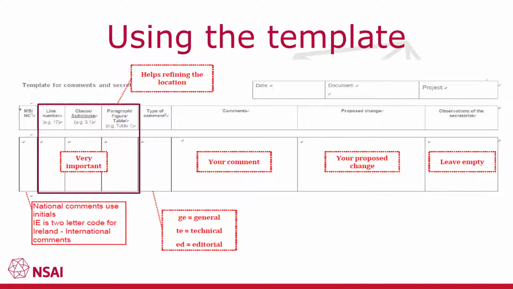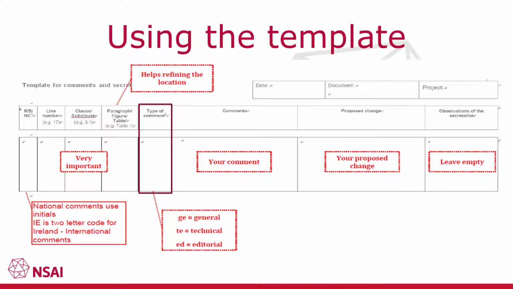These three columns are used to track and trace where exactly in the document you are making comments. You must remember, at the international level, there can be thousands of comments, so please be specific regarding number of the clause, paragraph number, or line numbers if included in the draft. This will ensure international groups can find exactly where in the document you have a comment.